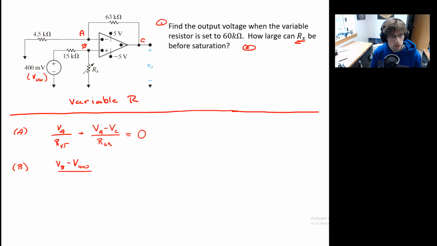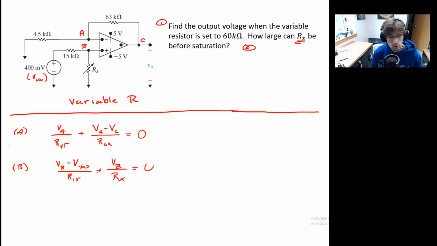And that whole expression is divided by R15. And then added to that would be the potential of B divided by Rx, our variable resistor.